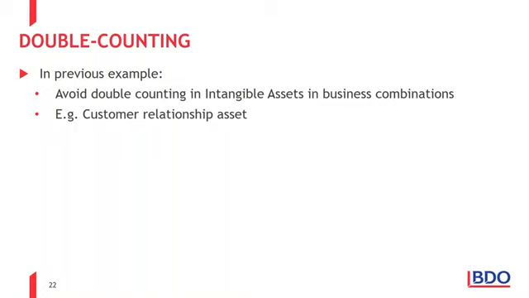A customer relationship is often valued normally on a relief of royalty basis. So what you're really doing is looking at future cash flows to work out the value of the relationship. Sorry, actually the relief of royalty is a brand valuation. The customer relationships is more a discounted cash flow calculation.